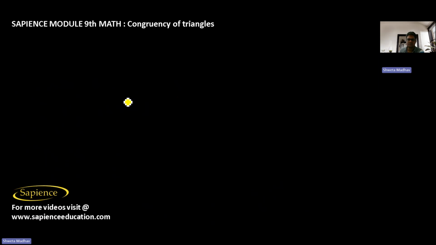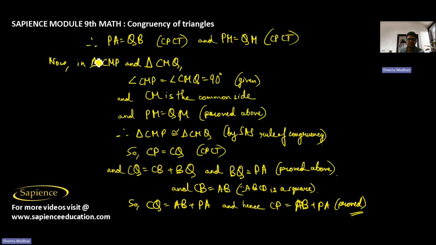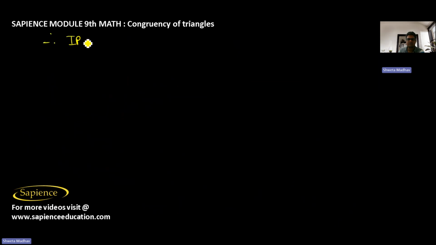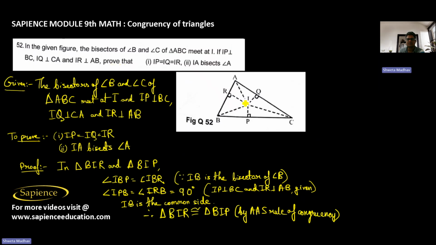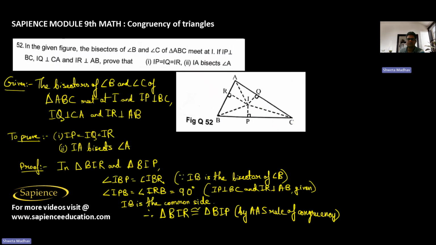So now we can say that IP is equal to IR, by CPCT. Similarly, in triangle ICP and triangle ICQ, we can see that angle ICP equals angle ICQ.